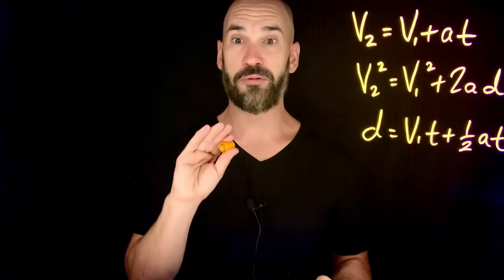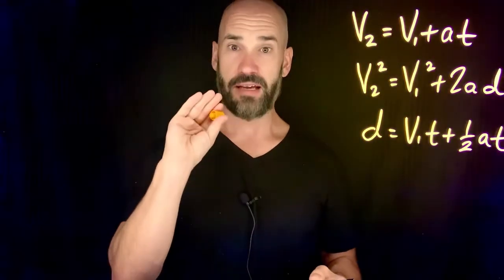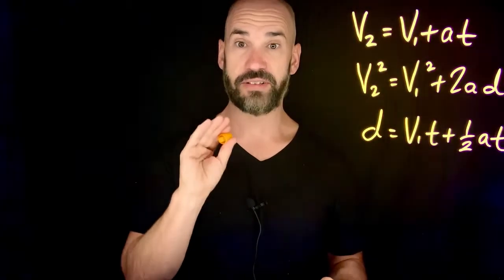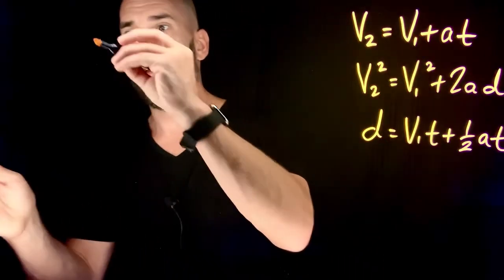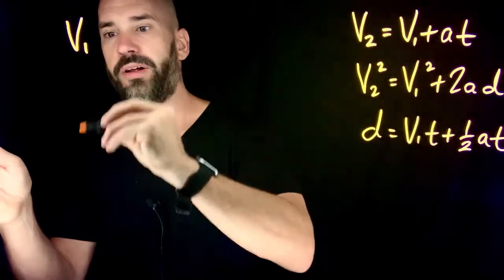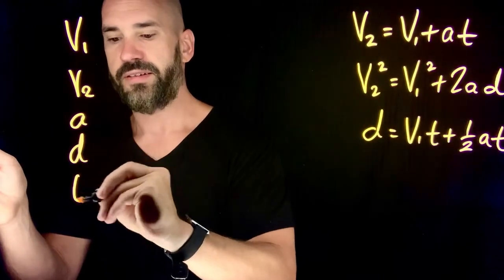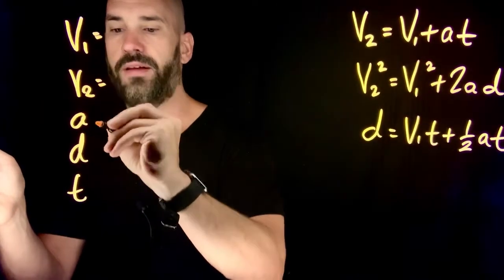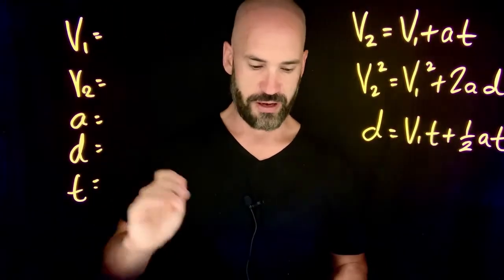I've been doing these problems for over 20 years, and it's crazy that I can even say that, but I still make a laundry list every time I start a kinematics problem. So you should too. Okay, so first, V1, V2, A, D, T. These are all my variables, okay? So that's the first thing you do. You make a laundry list.